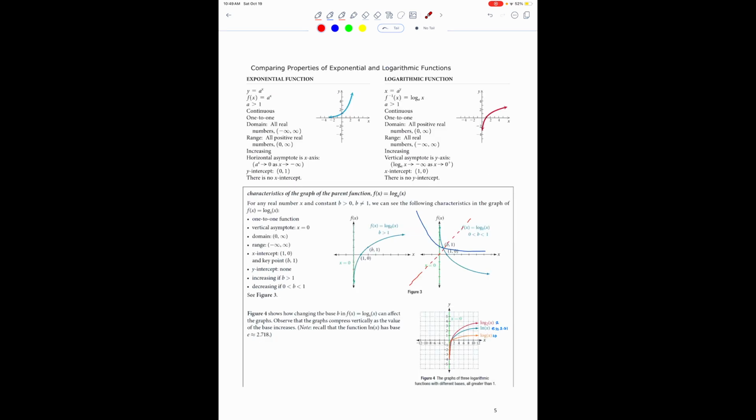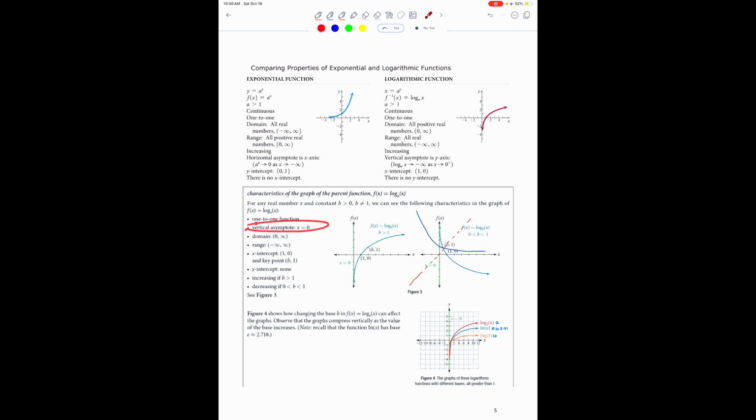Characteristics of the graph of the parent function f of x equals log base b of x. For any real number x and a constant b that is greater than 0 and b is not equal to 1, we can see the following characteristics in the graph of f of x equals log base b of x. The function is a one-to-one function. As you can see here, it passes the horizontal line test.